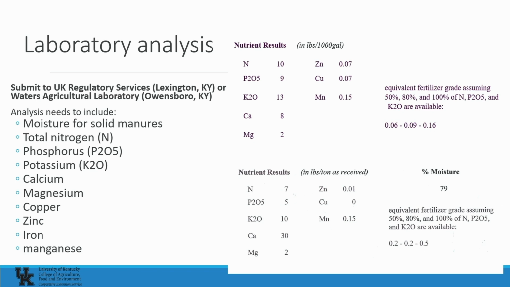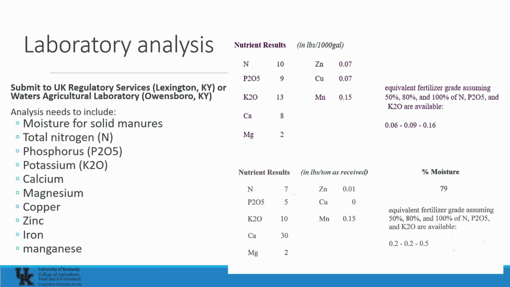So basically, this analysis needs to include percent moisture in solids, total nitrogen, phosphorus, potassium, calcium analysis, magnesium, copper, zinc, iron, and manganese. Not all analysis, depending on the lab, will give you all that.